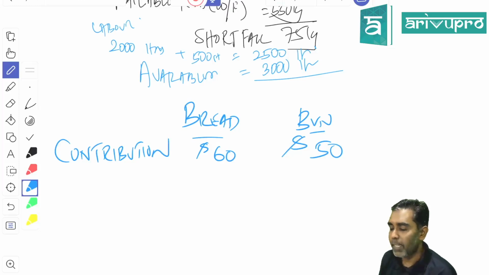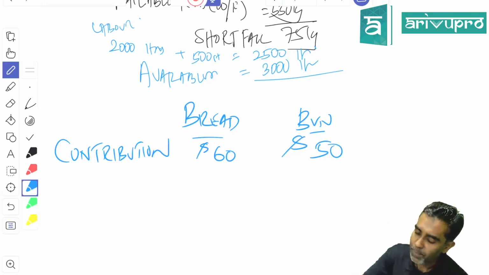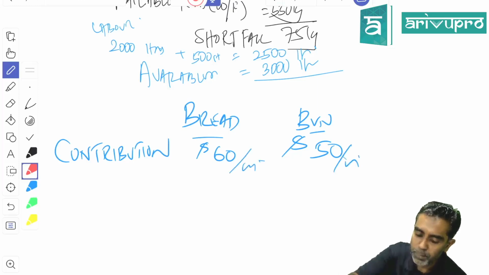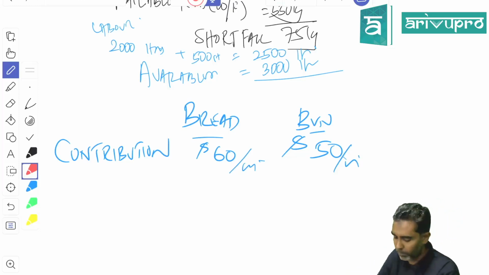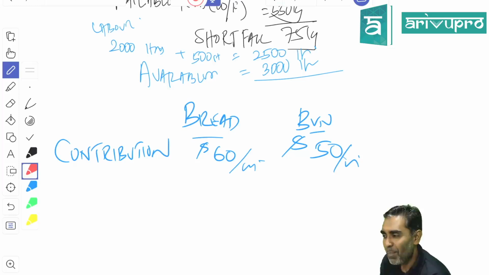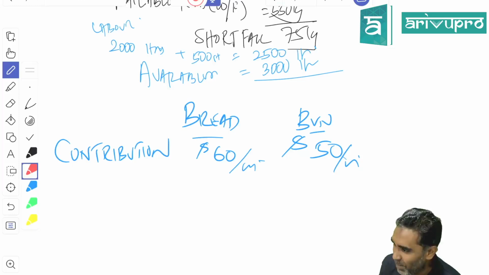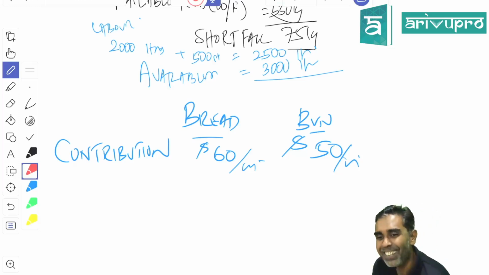Contribution for bread is $60 per unit. Bun is $50 per unit. What is the most lucrative product? Bread, bun. I'm not asking complicated questions.